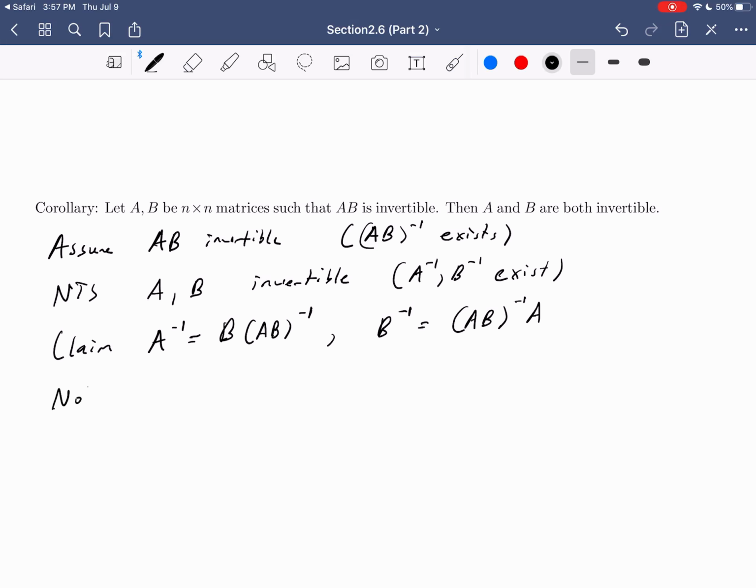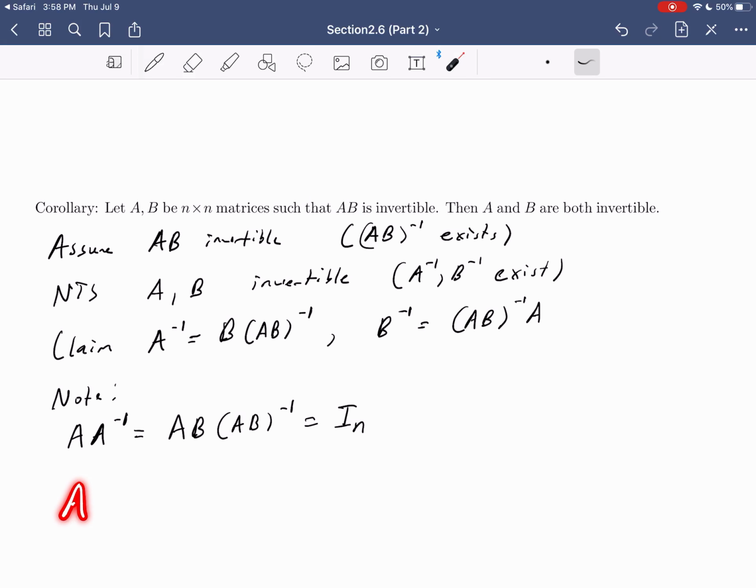So note, if we do A times A inverse, then that's going to be A B (AB) inverse. And by the definition of (AB) inverse multiplied with AB, we know that that's going to be the identity matrix. Now, do we need to go show that A inverse A equals the identity matrix?